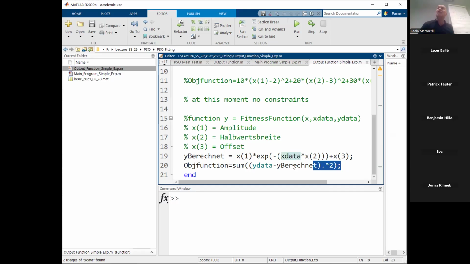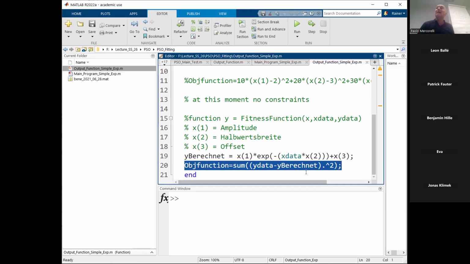And the idea is to find the regressor which fits the measurements in the best way.